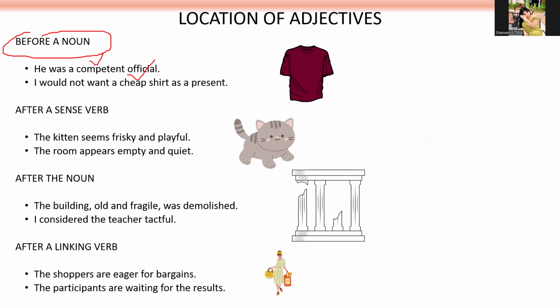Balikan natin. She looks gorgeous with her. Lagyan mo ng modifier yung dress. She looks gorgeous with her glittery dress or silky dress. Okay? Okay, balikan natin yung kay Mitchie.